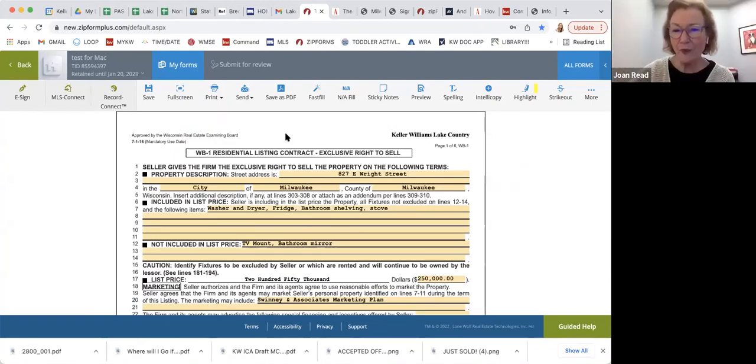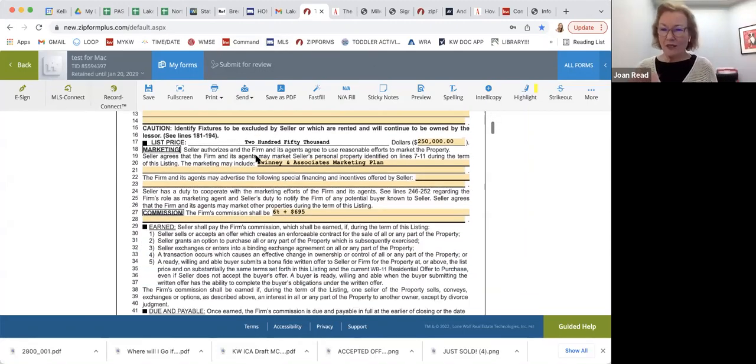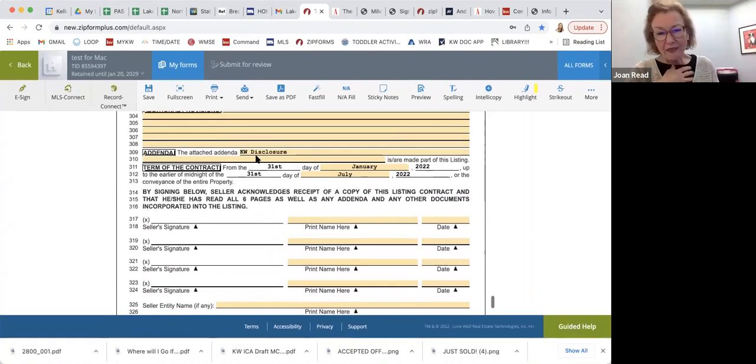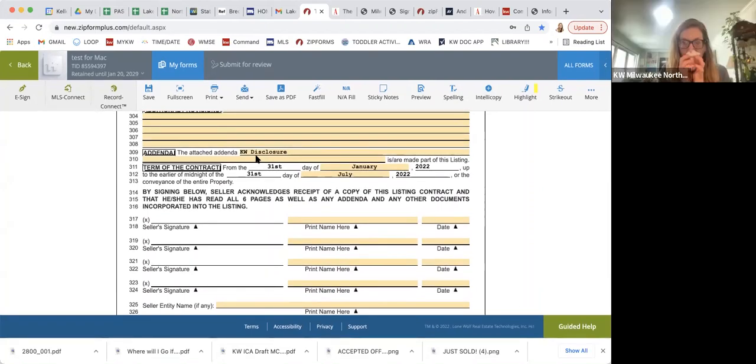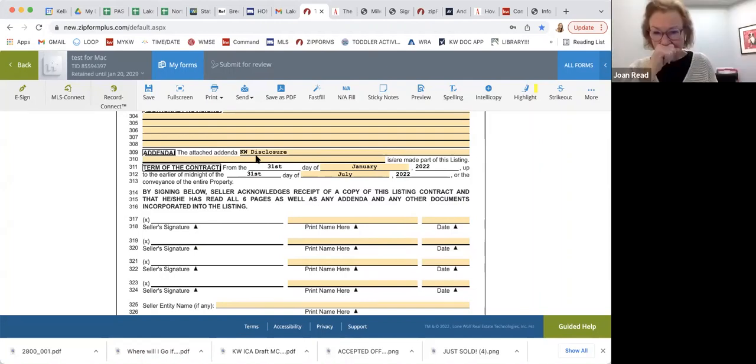I want to bring up one point for the term of the listing on the last page. Sometimes there's been a problem on when the listing started, the day of the listing, when it has to be turned into MLS, which is 48 hours from the date of the listing. All of that term of the listing is on line 311 and 312. It has nothing to do with the dates of the signatures of the sellers on lines 317 to 319.